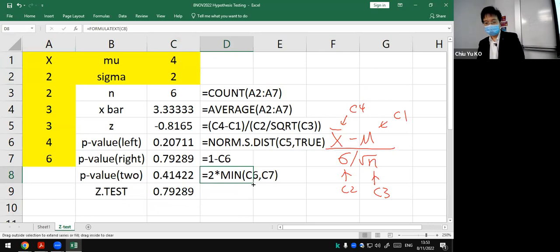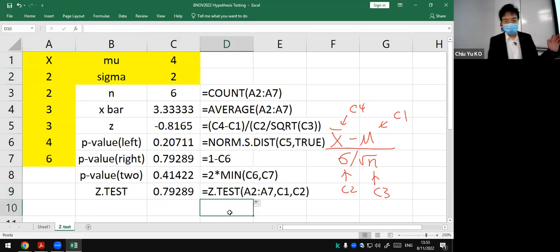It will automatically give you the right tail. The left tail, of course, you know how to do, 1 minus. And for the two tail, you just take the minimum of the left and right. That's how easily Excel can handle everything for you.